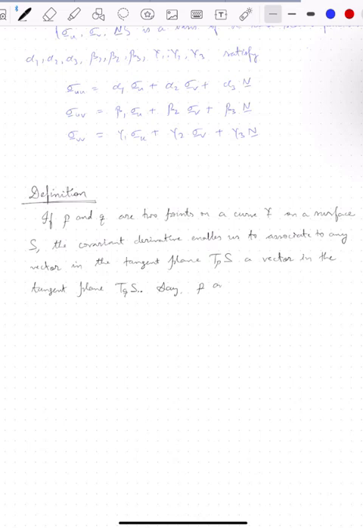Now, indeed, what happened is, say P vector and Q vector correspond to, or be such that, gamma vector at T naught is equal to P vector and gamma vector at T1 is equal to Q vector.